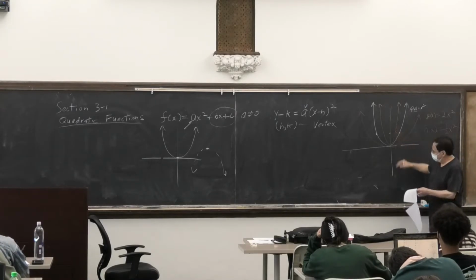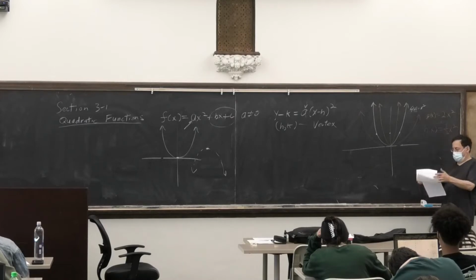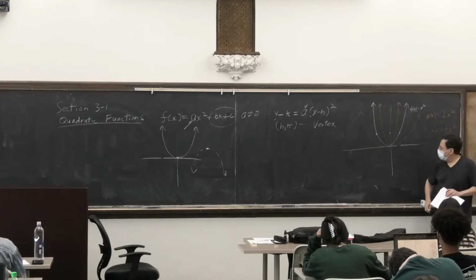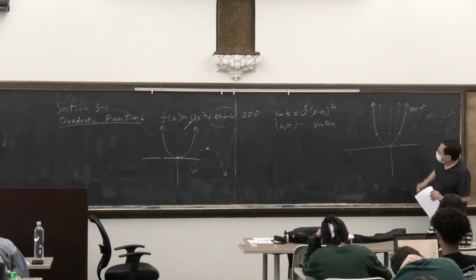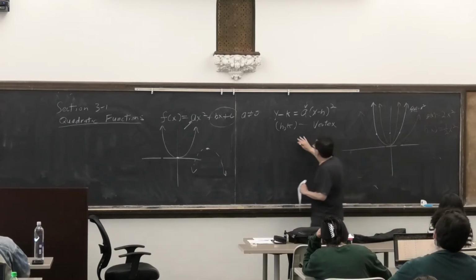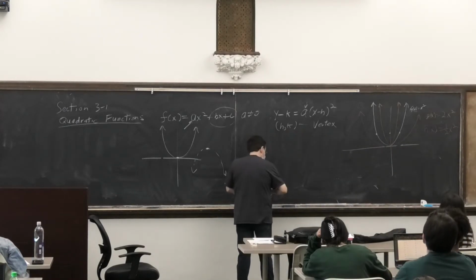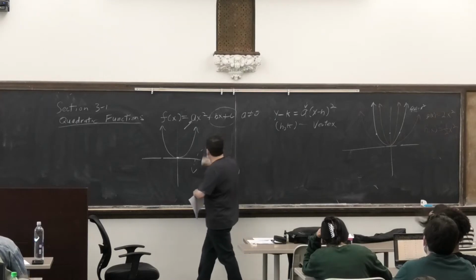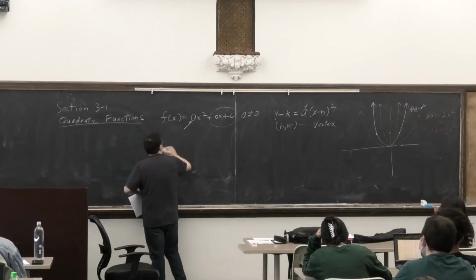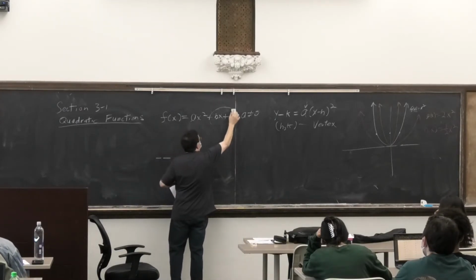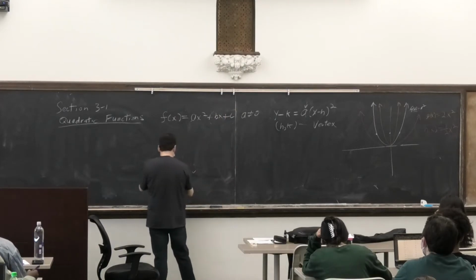And the bigger the number, the steeper it is. Okay, so we have an idea what to expect. We're going to try out this form of the equation, but what happens if I just give you something in this form? Let's take a look.